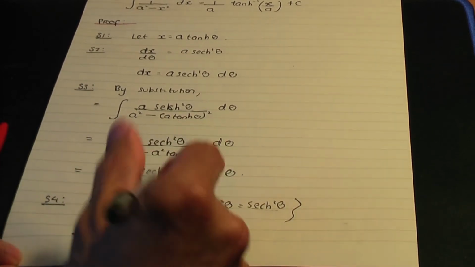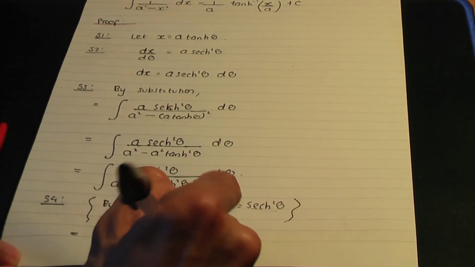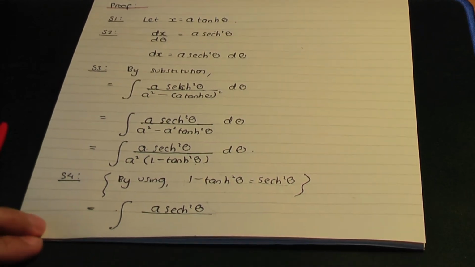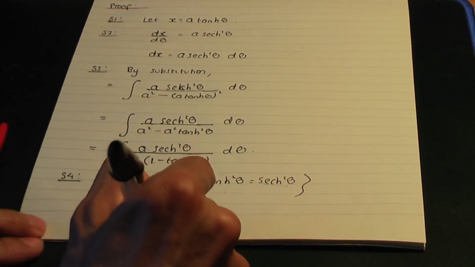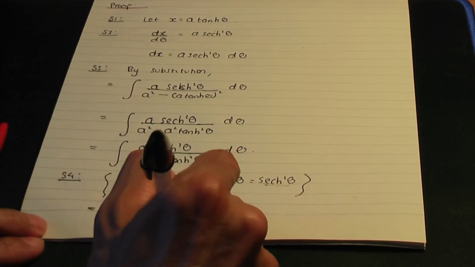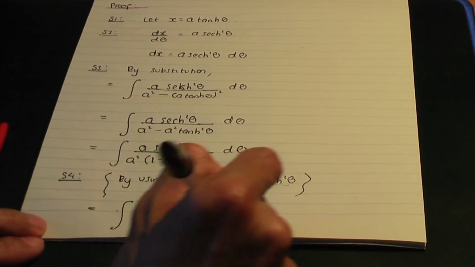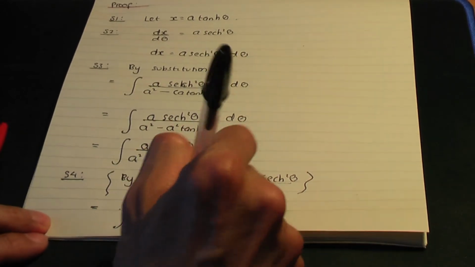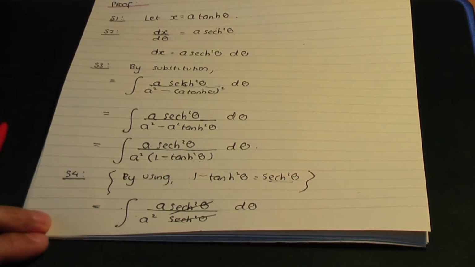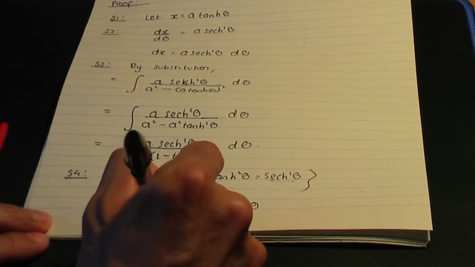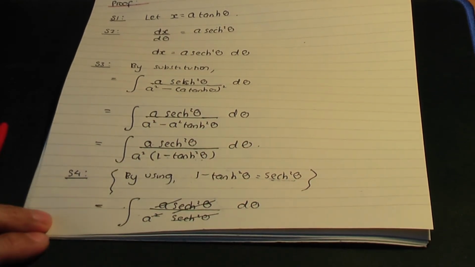So if I replace the 1 minus hyperbolic tan squared theta by hyperbolic sec squared theta, we're going to have a hyperbolic sec squared theta over, okay, we have an a squared here, and 1 minus hyperbolic tan squared is hyperbolic sec squared theta below. As a result, the two hyperbolic sec squared terms will cancel, but also one of these a's on the top will cancel with only one below.